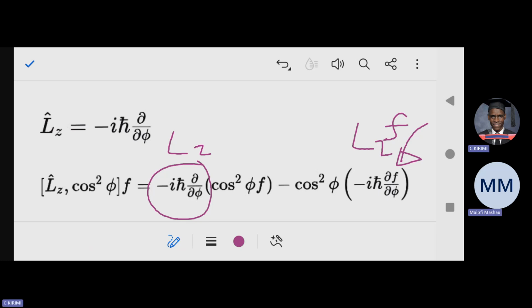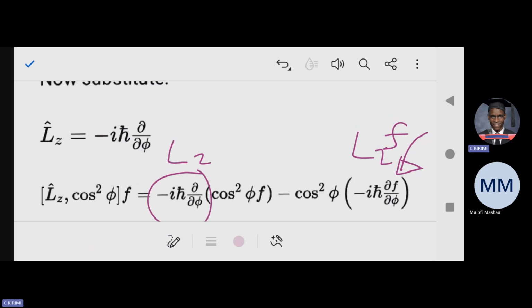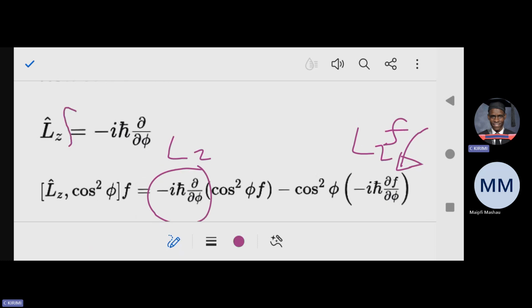Remember, if it's partial phi, it's LZ multiplied by F on this equation, LZ multiplied by F. So that is how this expression has changed from here to there, because it was LZF, this last term.